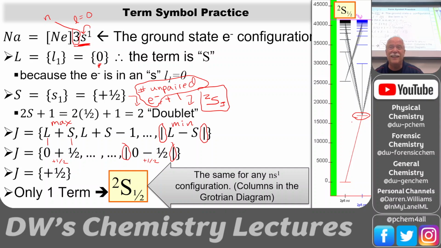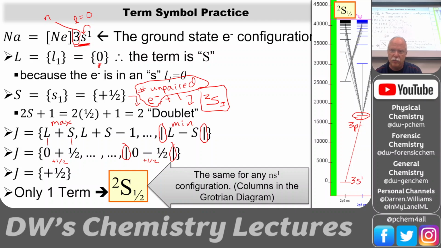Sodium is past the second row, it's on the third row. So since it's past the second row, the 2p orbitals are all full. Every one of them has electrons in it. So the first available p orbital is the 3p. So this one's 3p, this is the 3s.